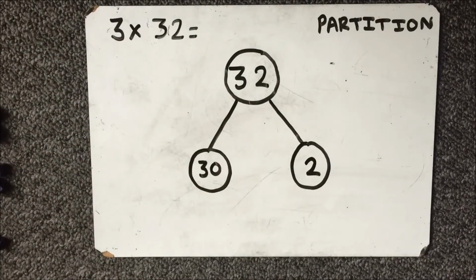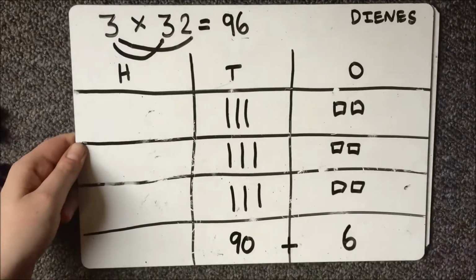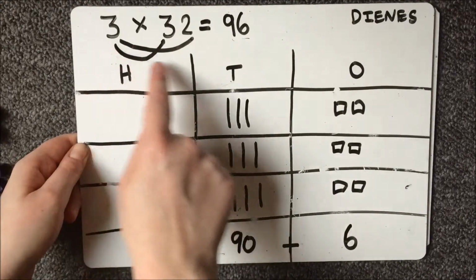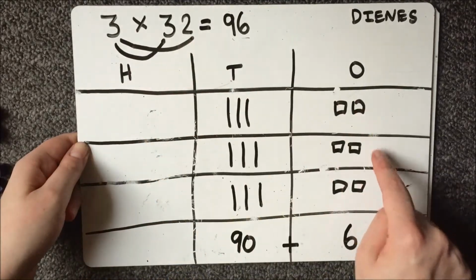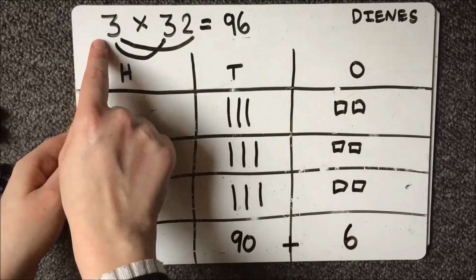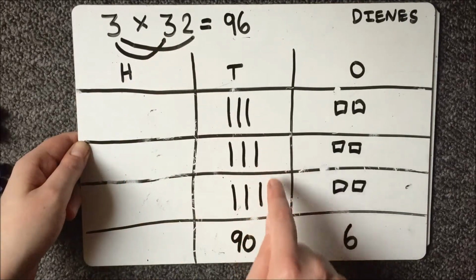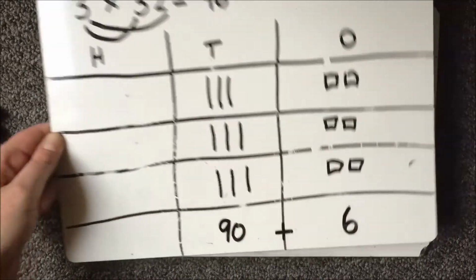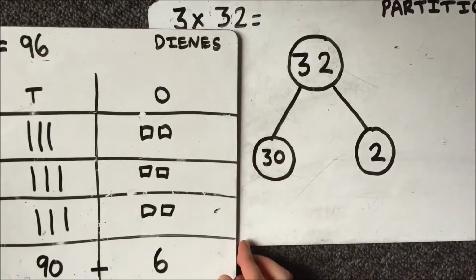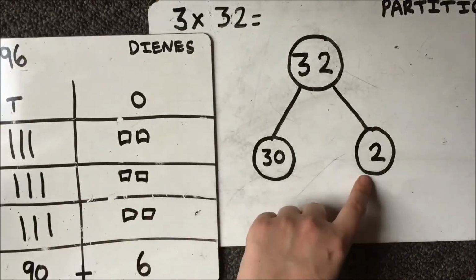Now what do we do? I've partitioned it. Do you remember here I explained it as we did 3 ones times 2 ones, which is here, and 3 times 3 tens, or 3 times 30 in here. We're going to do that with our bar model. So we've got our 2 here.